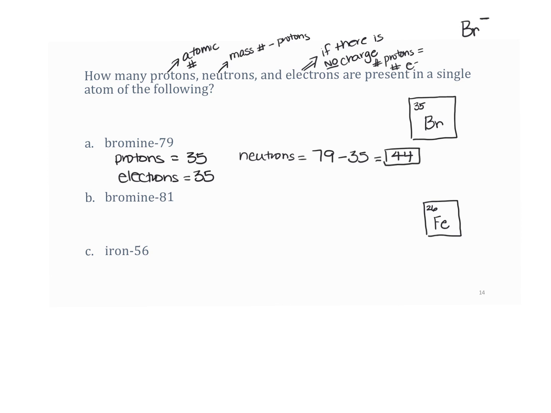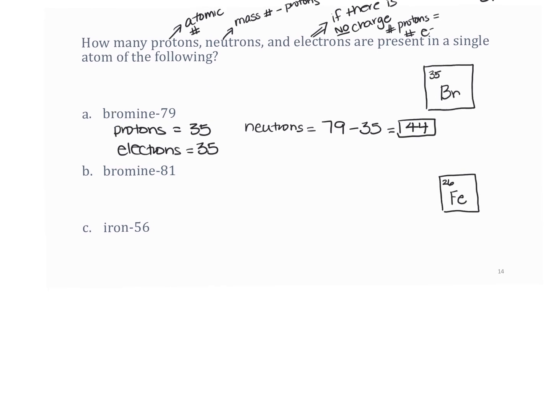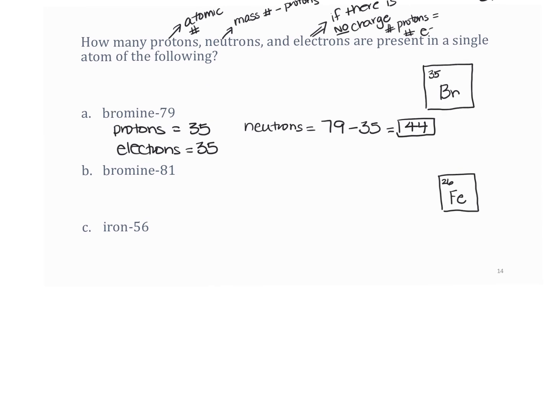Okay. Now, we can go down here to bromine 81 and do that again, where we look at the atomic number on the periodic table. We say, look, our protons are 35. There's no charge, so our electrons are also 35.